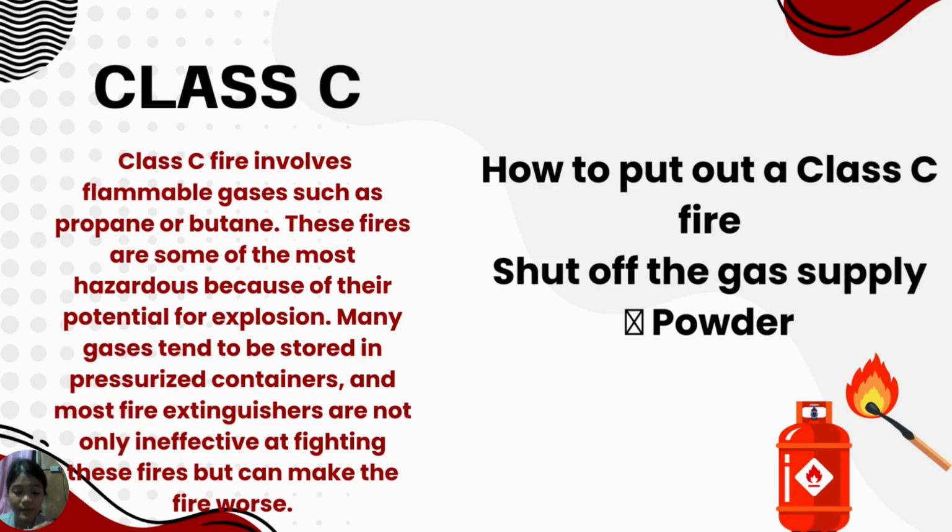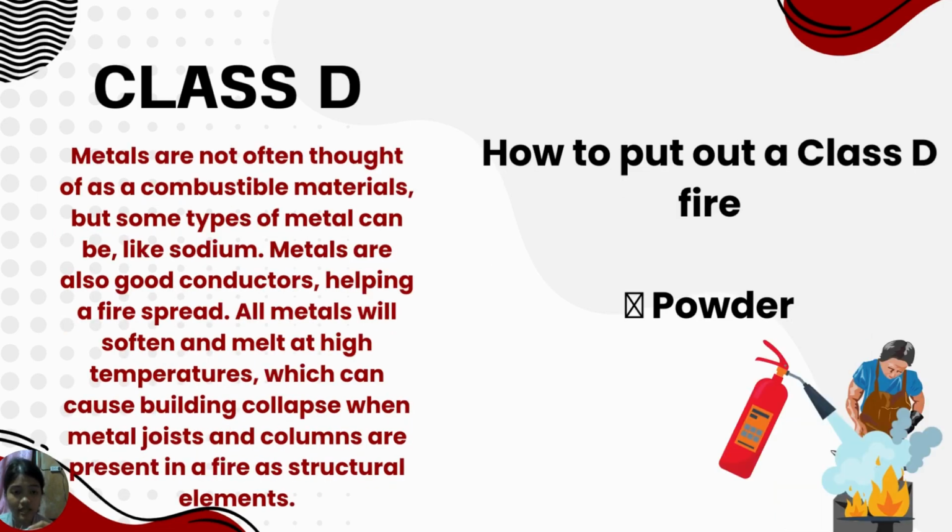The best type of extinguisher to put out the fire once the gas supply is cut off is a dry powder extinguisher. Next is the Class D.